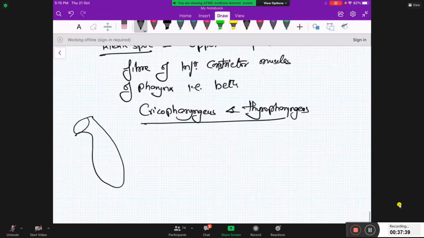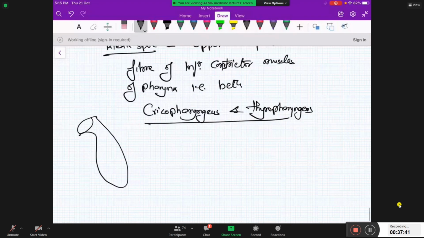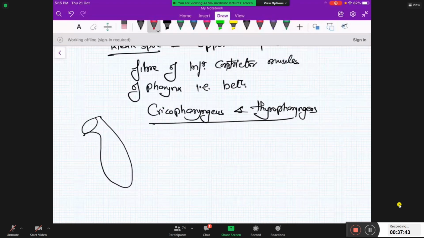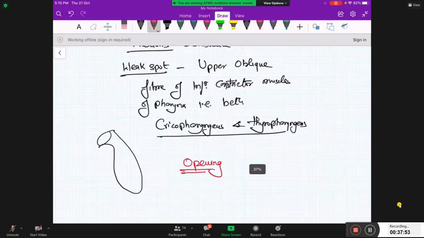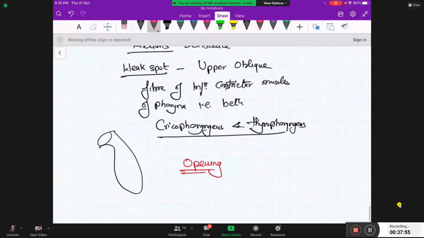Now, an important point about this outpouching, again a commonly asked question: the opening of this diverticulum is always in the midline.